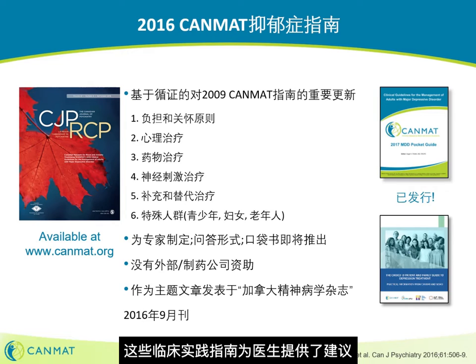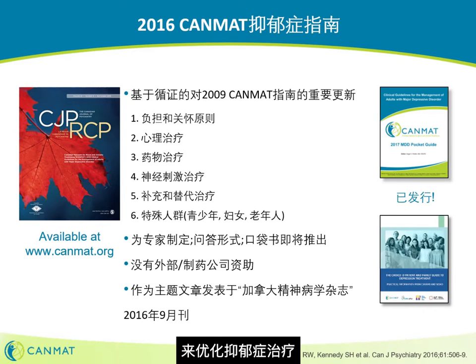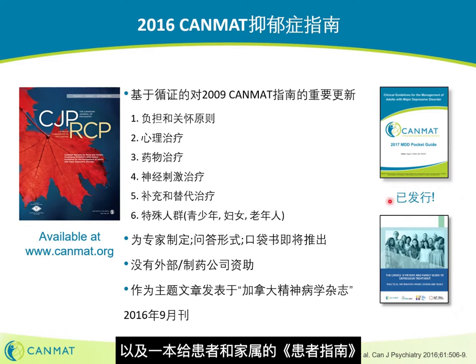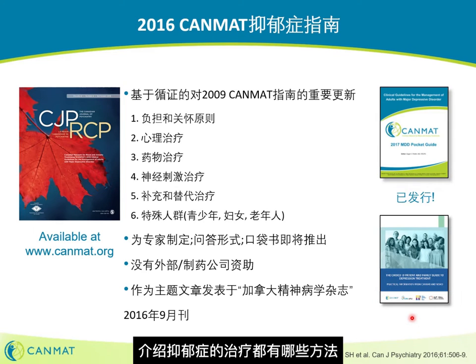These clinical practice guidelines provide recommendations for clinicians to optimize their treatment of people with depression. We also have provided summaries of the guidelines along with a patient guide that explains to patients and to family members what treatments are available for depression. And all of our guidelines are available at our website, canmat.org.